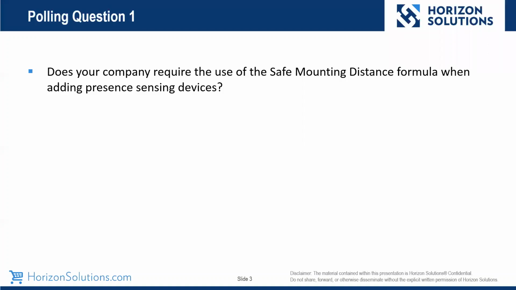So it looks like 60% has voted, so I'm going to go ahead and end the poll, and I will share the results. And it looks like a combination of a safety relay and a safety PLC are used. Well, thank you everybody for sharing that info.